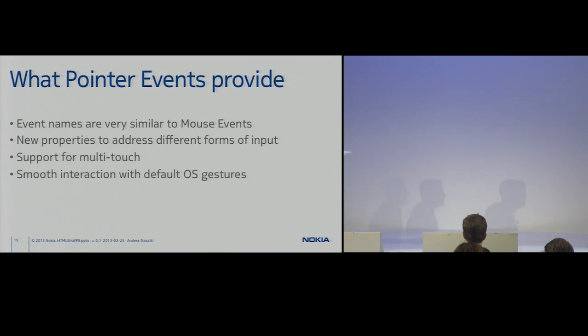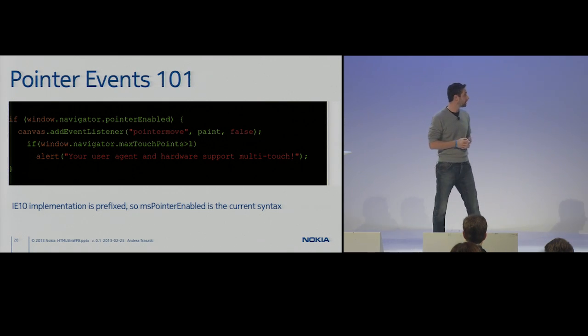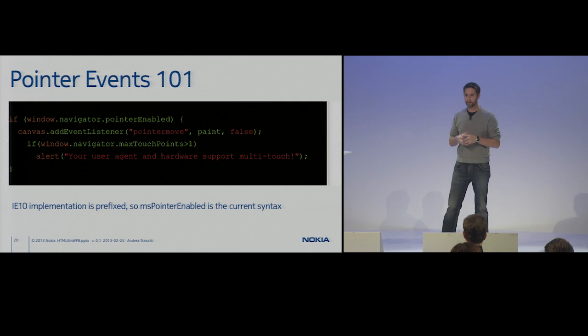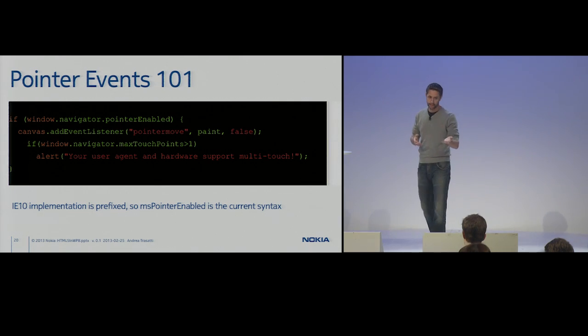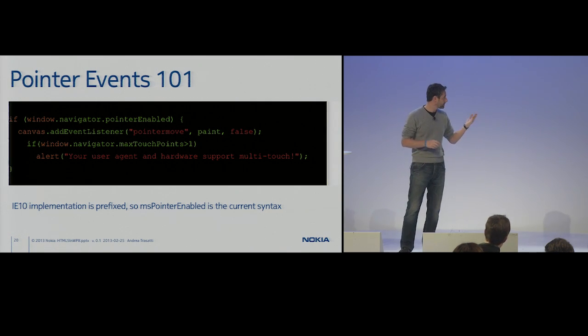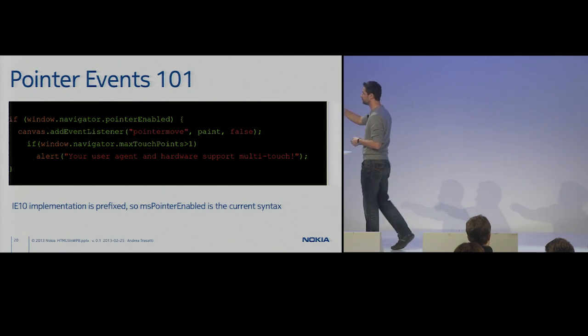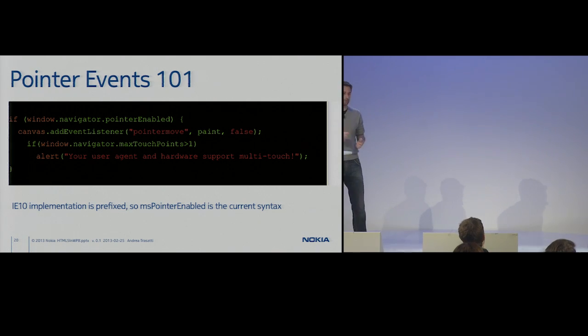I have a very short example. As I mentioned, there is not a lot to say about pointer events. They are very similar to mouse events. So again, I'm verifying if it's supported, and then I'm using a listener on pointer move to see if I'm moving the finger or the mouse.